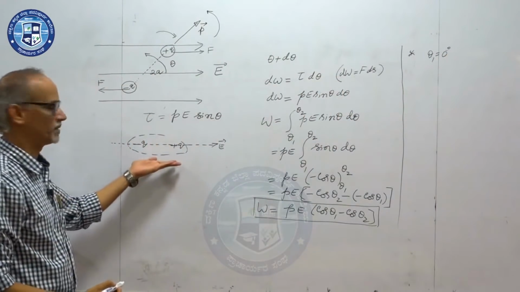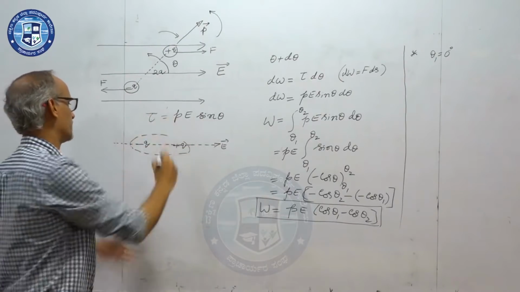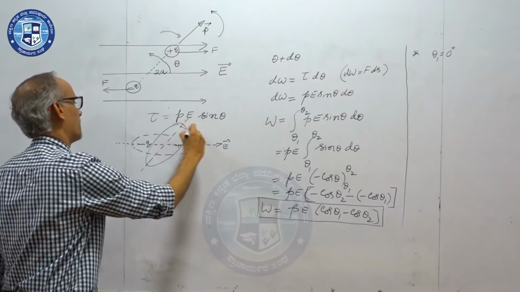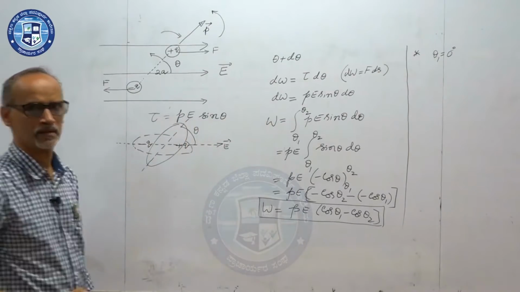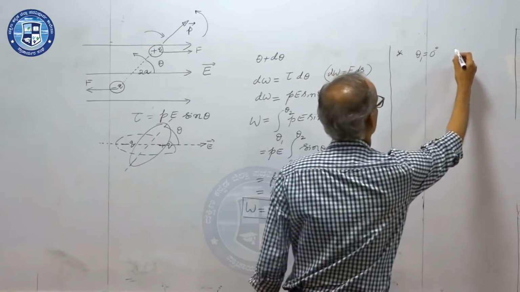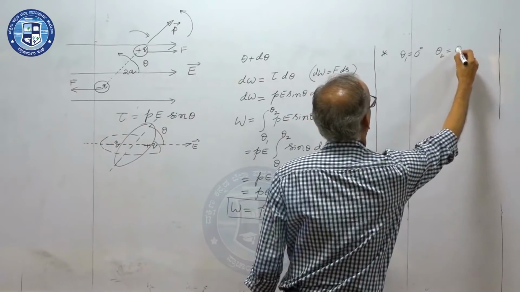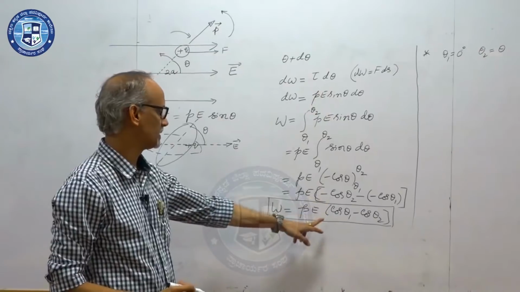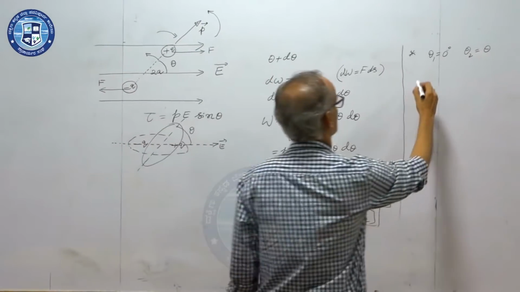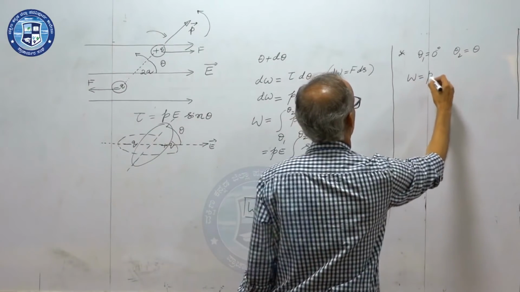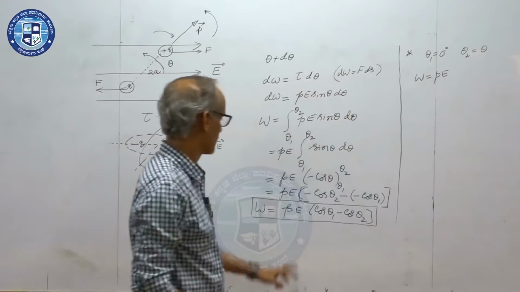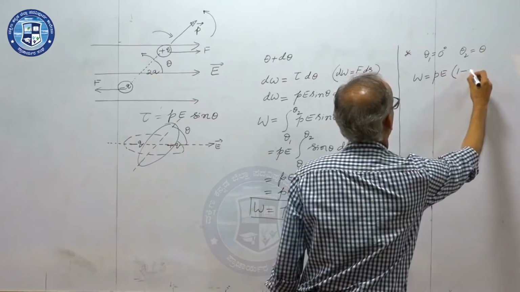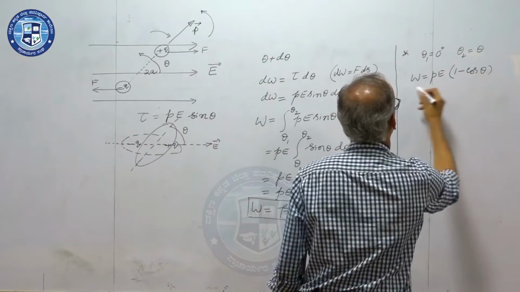From this stable equilibrium position, if it is rotated to a new position which makes an angle theta, then theta 2 will be equal to theta. So, on substituting those angles here, I am going to get the expression W equals PE into cos 0, which is 1, minus cos theta.